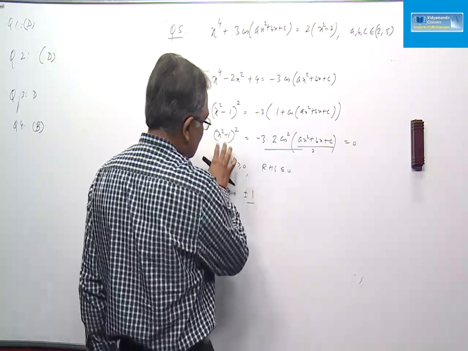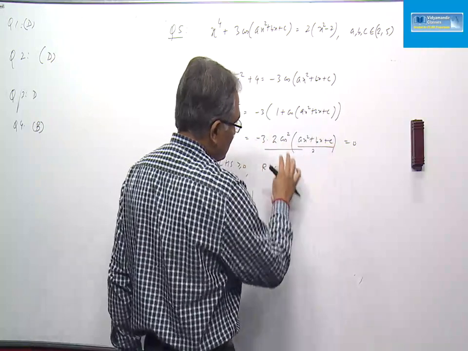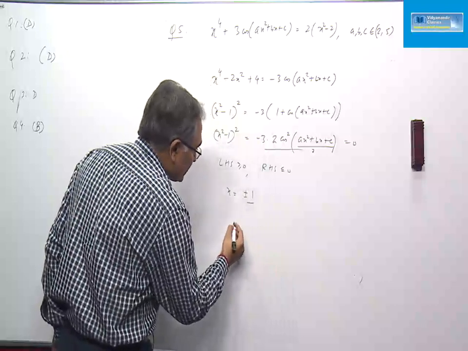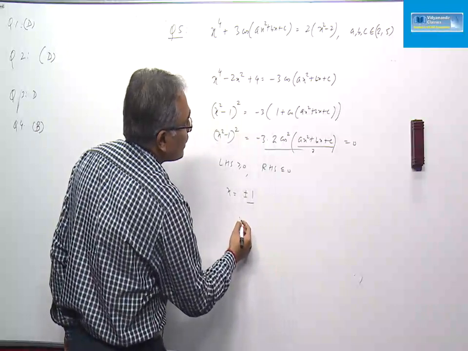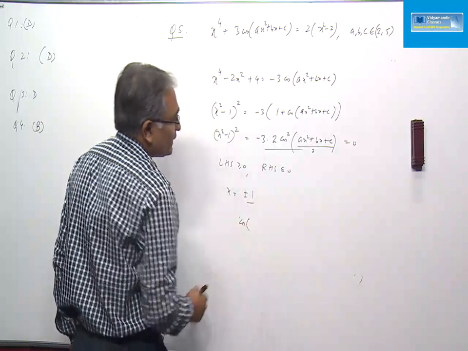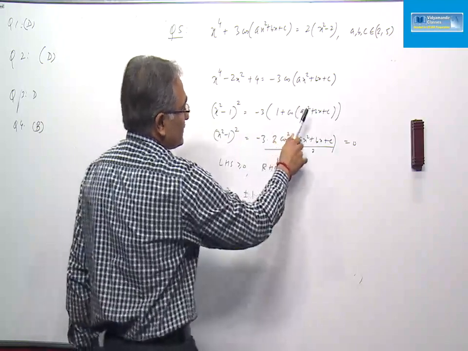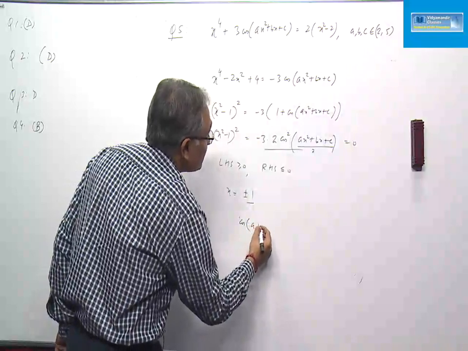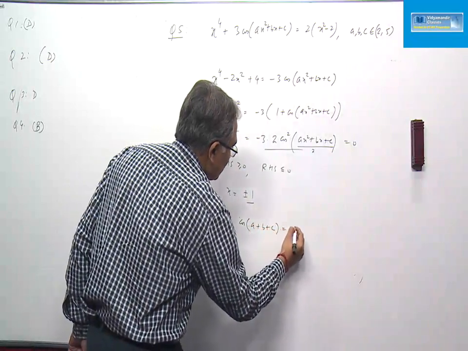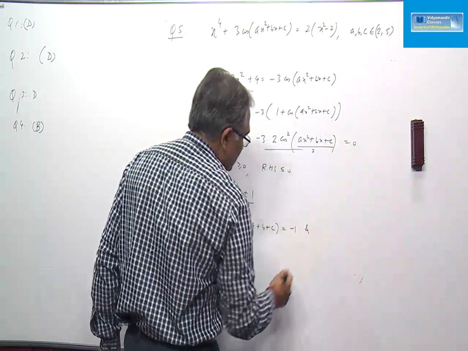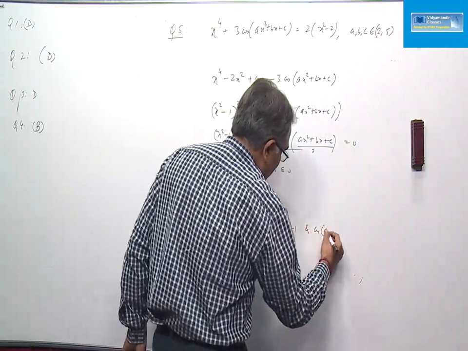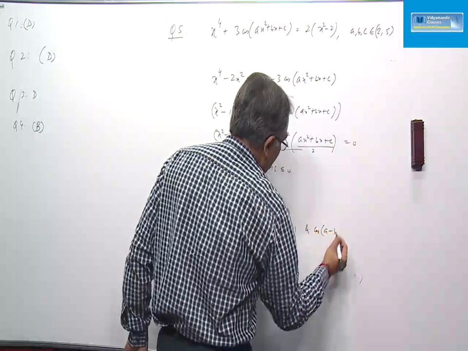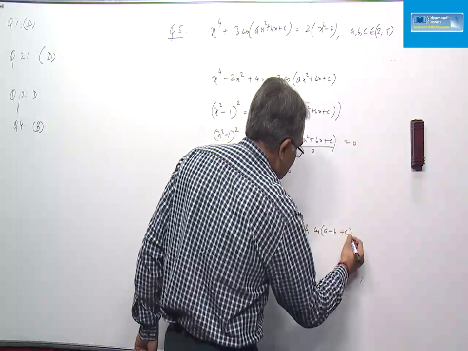For x equal to plus minus 1, this side is 0, this must also be 0. That is, a plus b plus c must give cosine equal to minus 1 and simultaneously cosine of a minus b plus c must be minus 1.